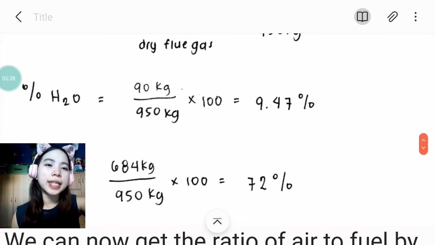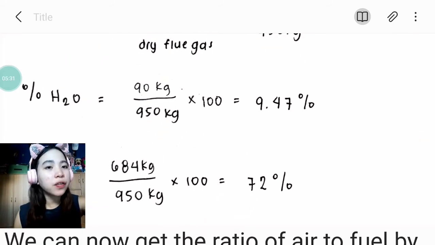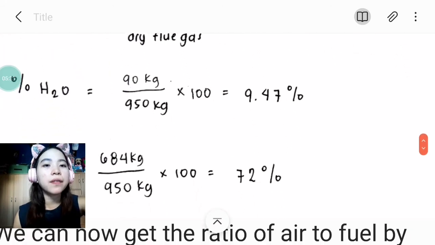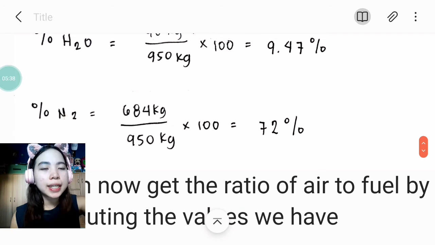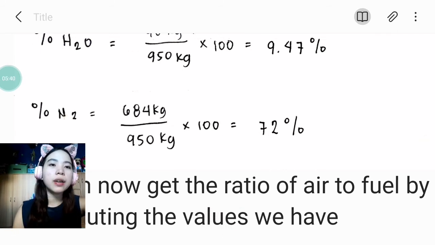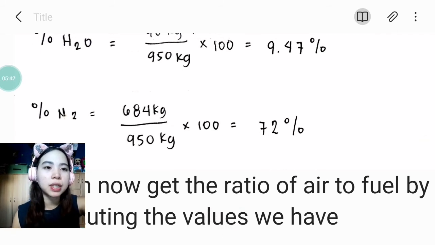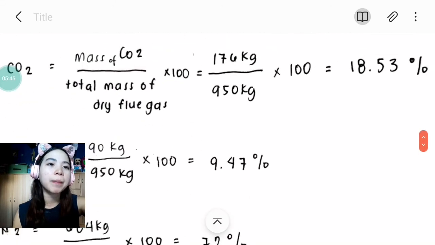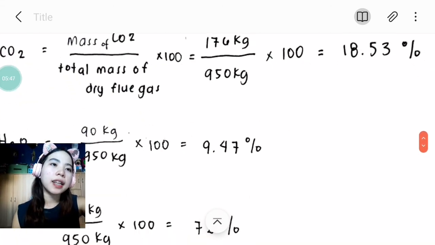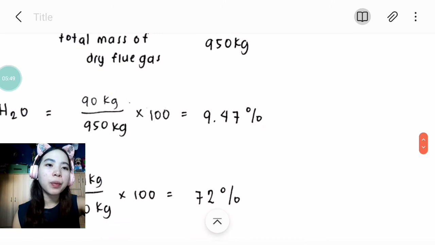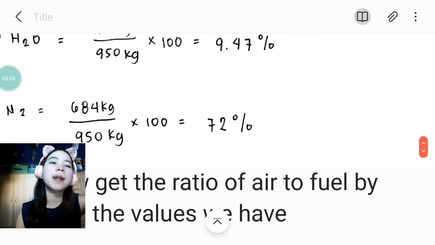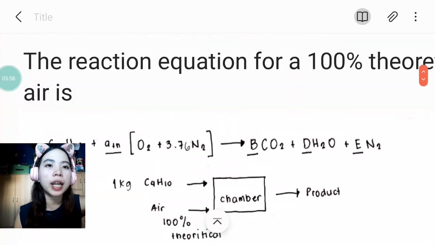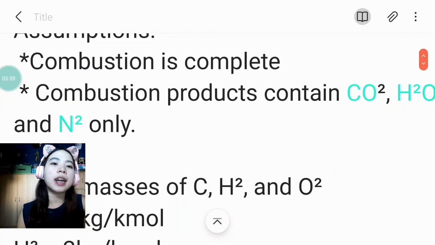Same with the water, which is 90 kg divided by 950, our total mass of dry flue gas, multiplied by 100. And same with nitrogen, which is 684 kg divided by 950 times 100, we get 72%. If we add 18.53 plus 9.47 plus 72, we get 100%, which matches our assumption that the theoretical air is 100%.